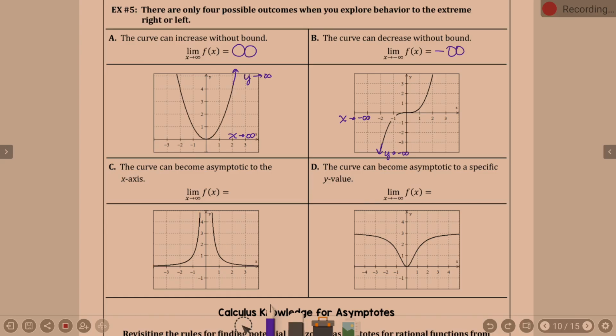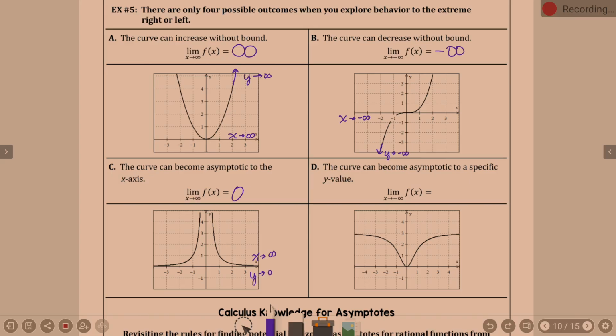The next one, the curve can become asymptotic to the x-axis. If that's the case, as x approaches positive infinity, what are we approaching? 0. The y value of 0, right? As x goes off to the right here and approaches positive infinity, we're approaching a y value of 0. That was example C that we just did.